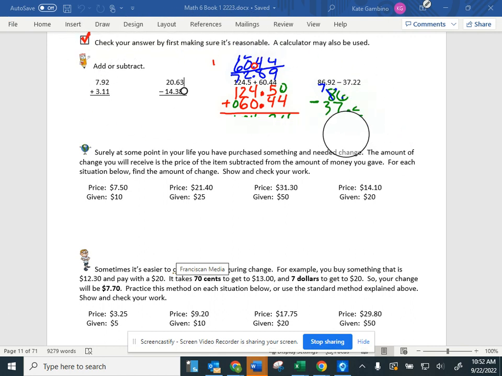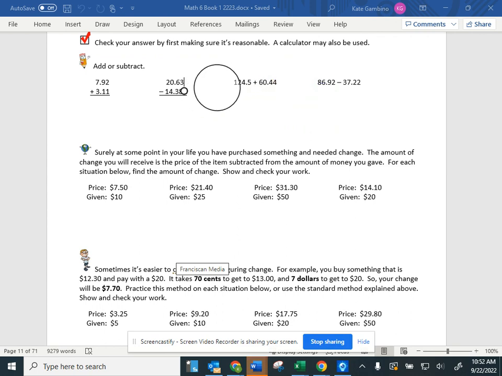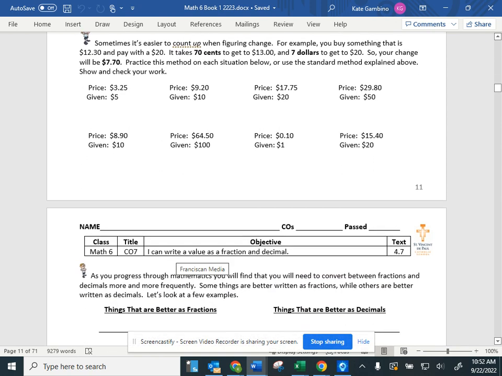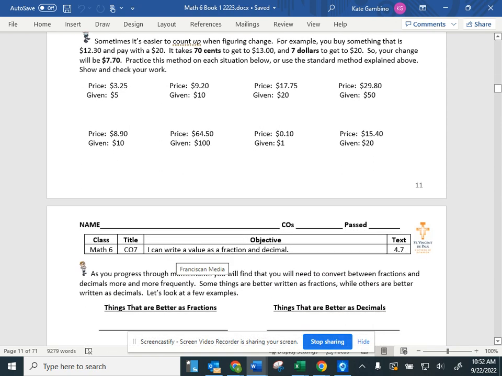All right, let me scroll up. Sometimes it's easier to count up when figuring change. For example, you buy something that is $12.30 and pay with $20. It takes 70 cents to get to 13 and $7 to get to 20.